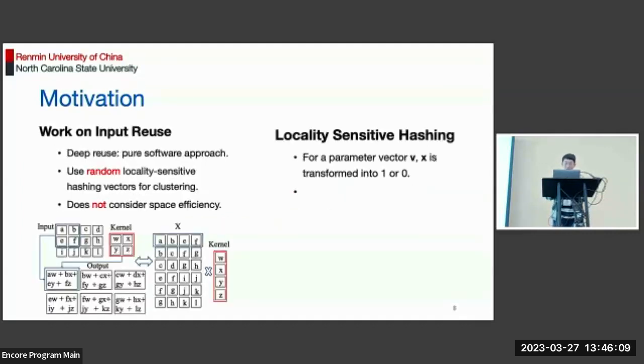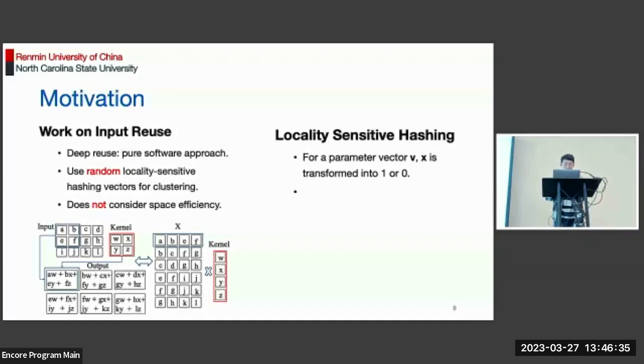Several studies have explored similarities in input for DNN acceleration to remove transient redundancies. Deep reuse is a pure software approach. It actually inspired this current work. It incorporates a randomized clustering component and thus suffers from accuracy fluctuations.